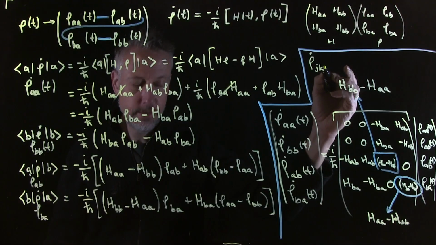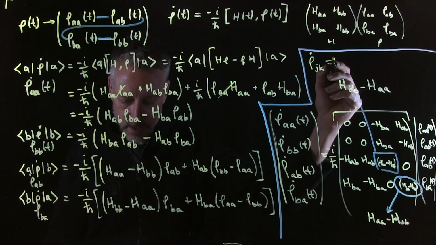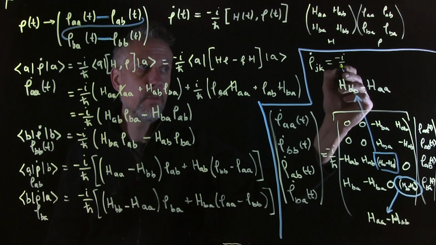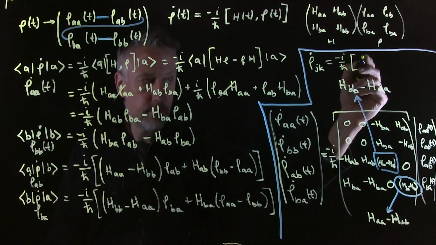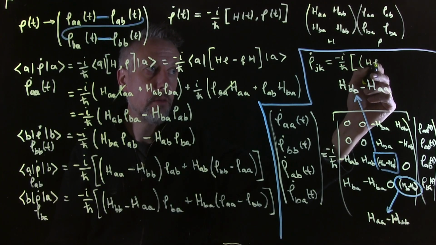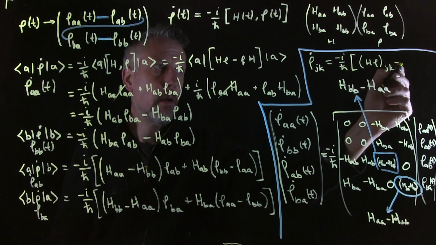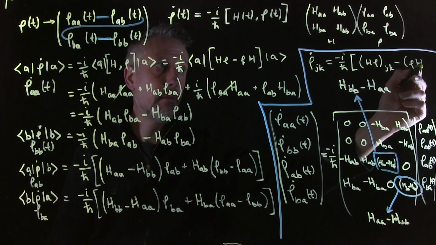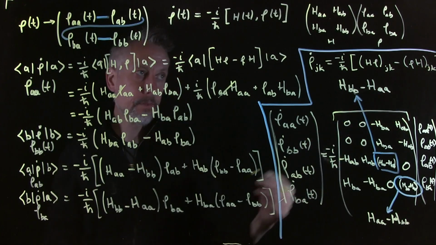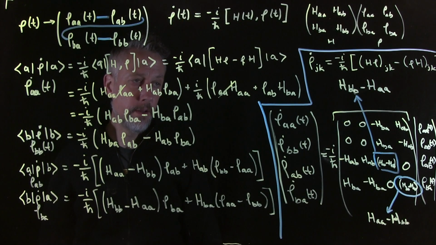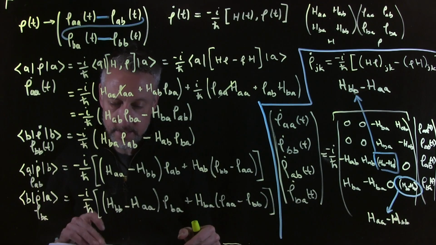So the jkth element, and everything depends on time, so we're just not drawing the times, is minus i over h bar times the sum of H rho jk minus rho H jk. All right, and so this is the matrix version, and this is the vector version of exactly the same information.